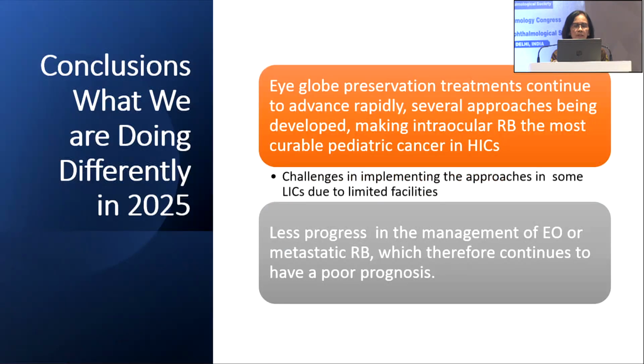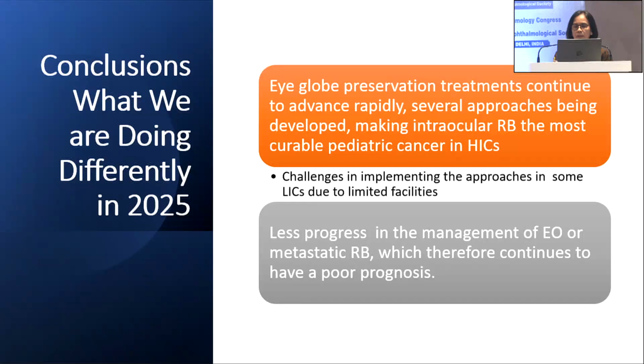So, as a conclusion, what are we doing differently in 2025? Eye globe preservation treatment continues to advance rapidly. Several new approaches, IAC and intravitreal, are being developed, making intraocular RB the most curable pediatric cancer in high-income countries. But how is it in low-income countries?